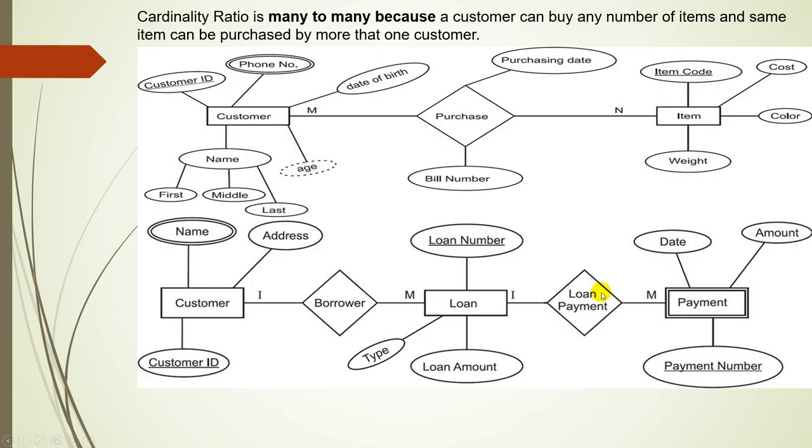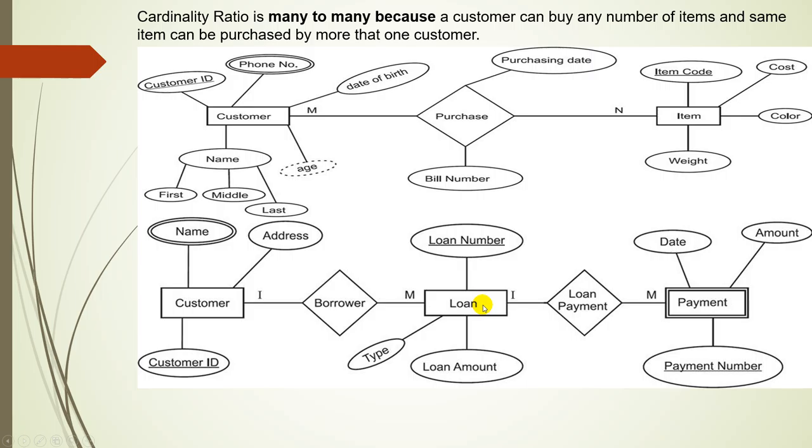So if I add two fields to this table as a relation, including the loan number, the primary key from that entity, and the payment number, the primary key from another entity, in this table I can connect two tables as a relation, and I name this relation as loan payment.